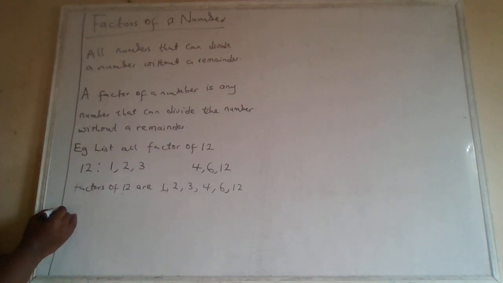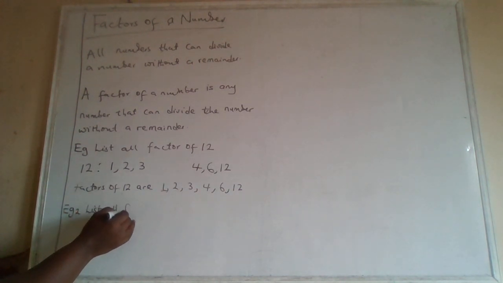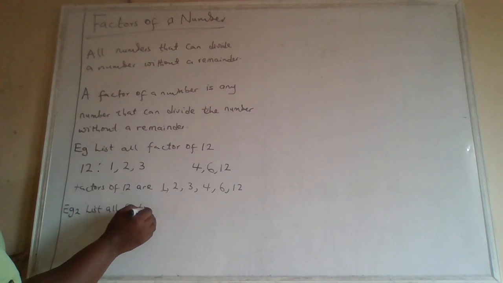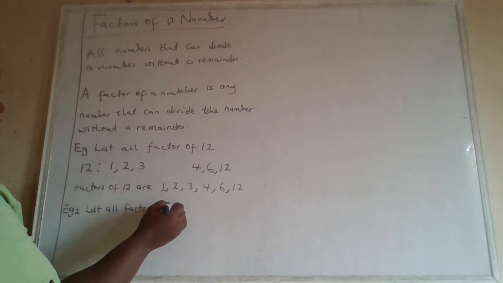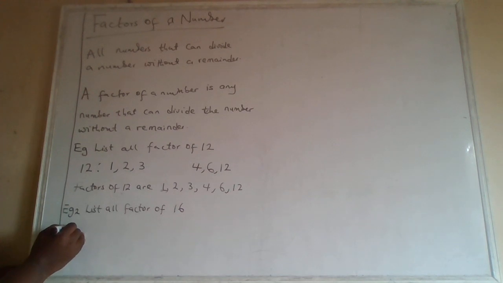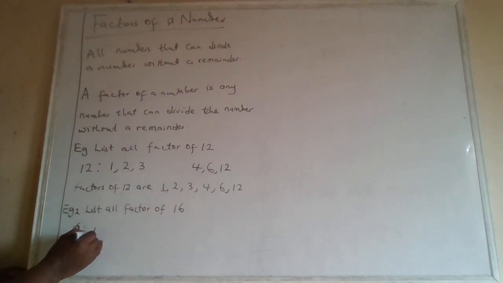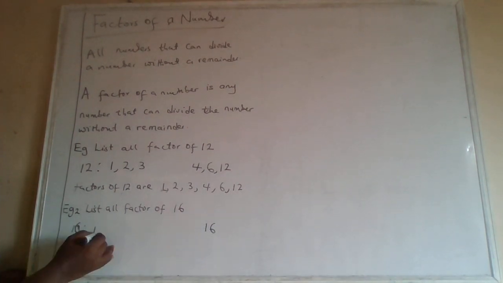Now let's take another example. Example 2. List all factors of, let's say, 16. So we start with 16. 1 is a universal factor, and when it divides, it gives us itself, 16.